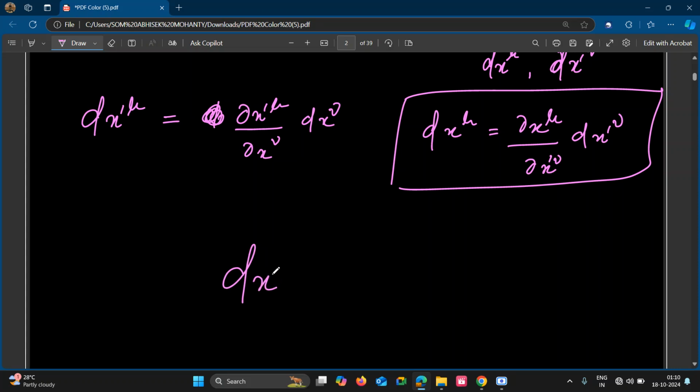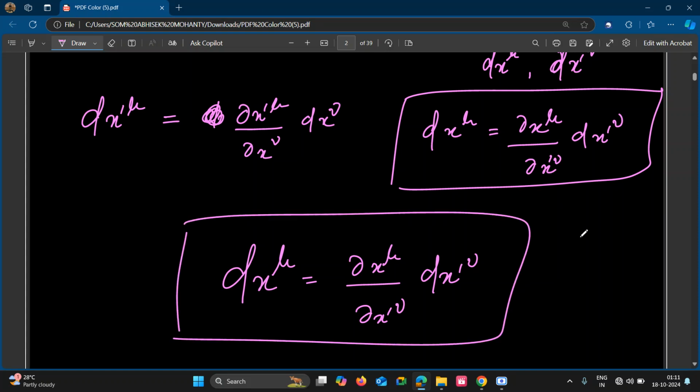If I write it again, dx mu is equal to del x mu by del x dash nu into dx dash nu. This is a kind of differential. If you remember, dy is equal to del y by del x into dx, something like that. It's just symbols and notations.